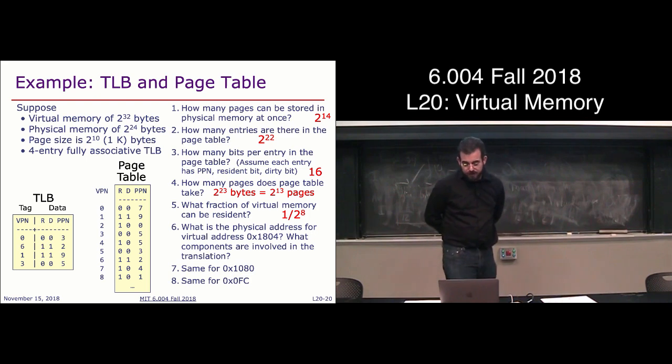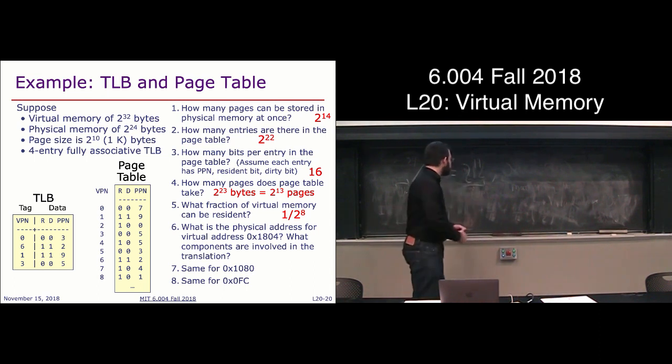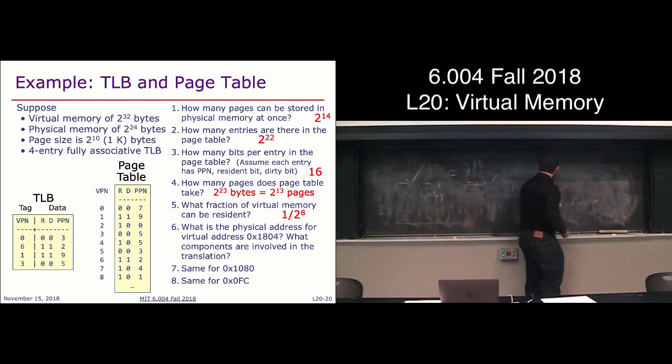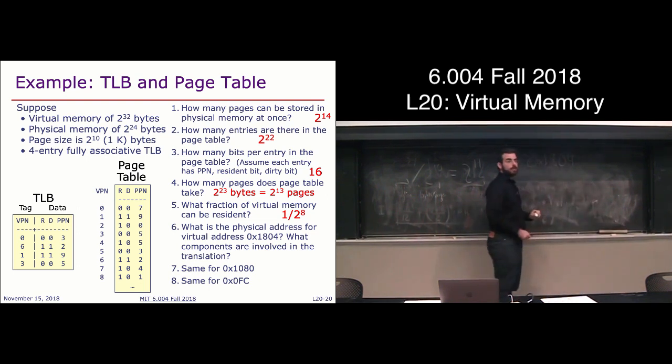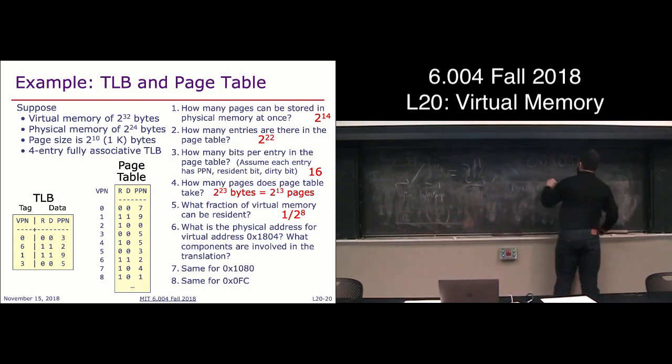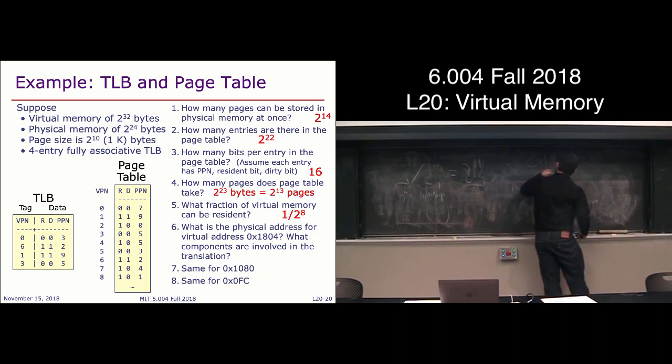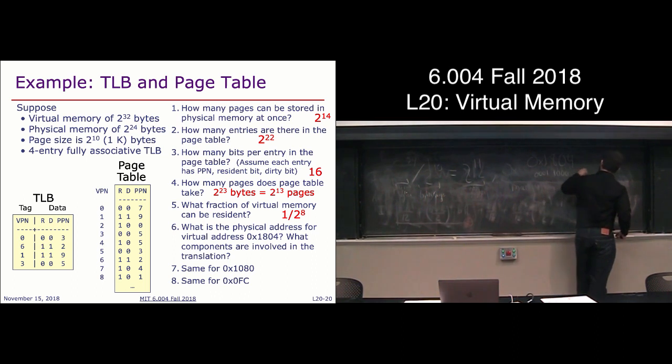But let's do one of these examples: what is the physical address for virtual address 0x1804? Again, the first step here is to compute the virtual page number. Now here things are not so nicely aligned, so you put it in binary.